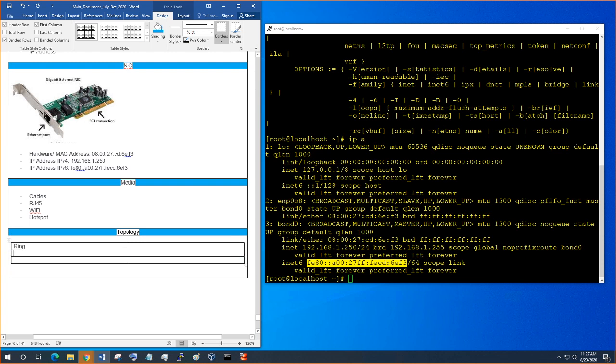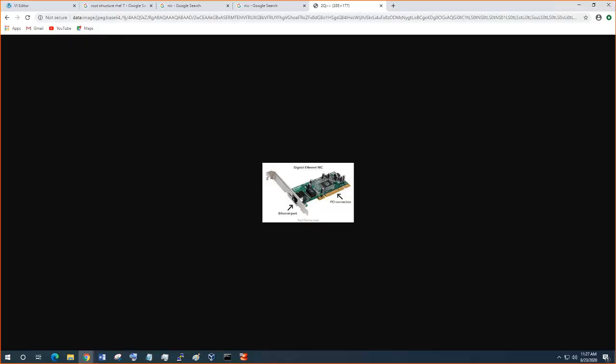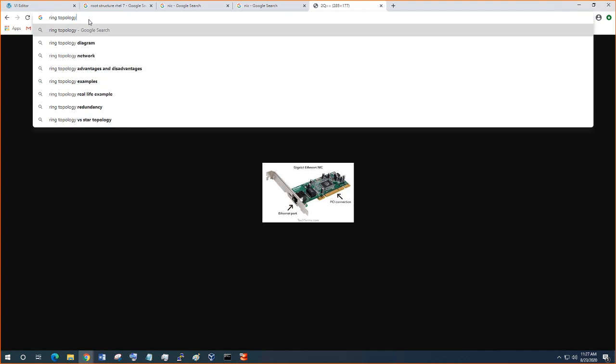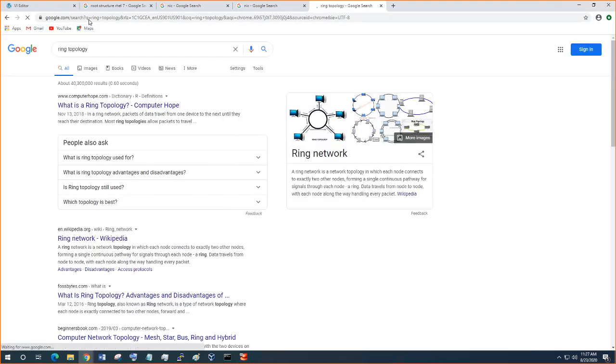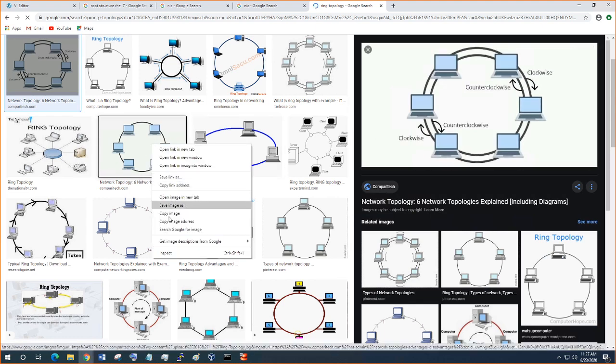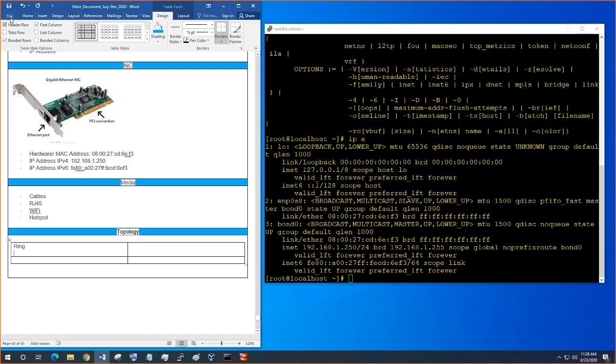Okay, and what does it look like? So this is what the ring topology is. It's just all the systems sitting in a circle. Okay, so we are not using this a lot.